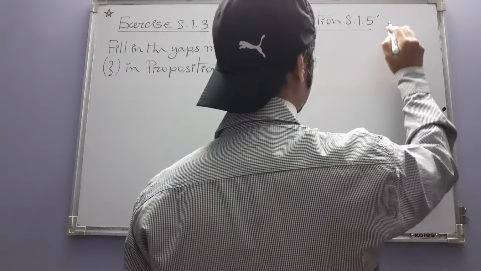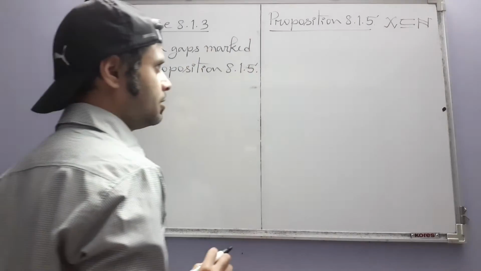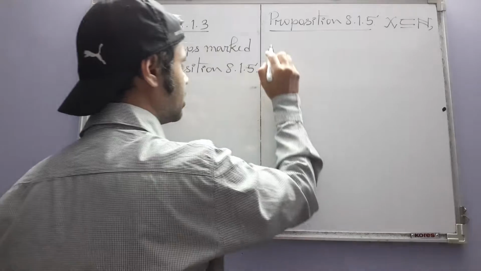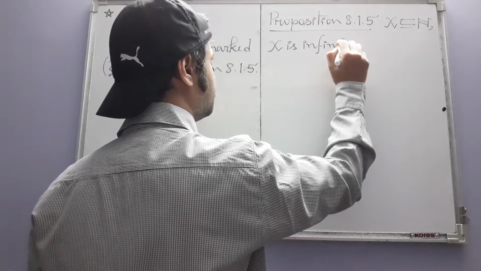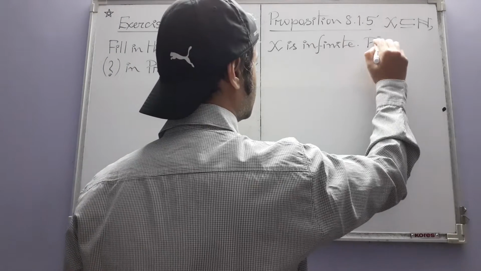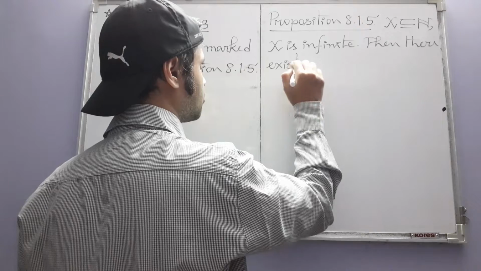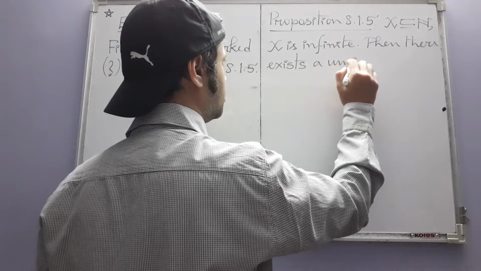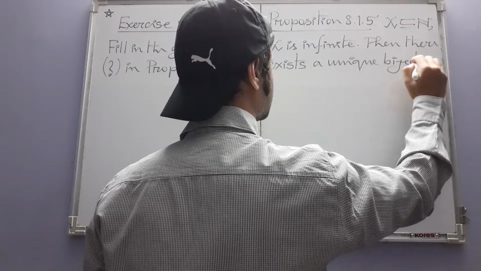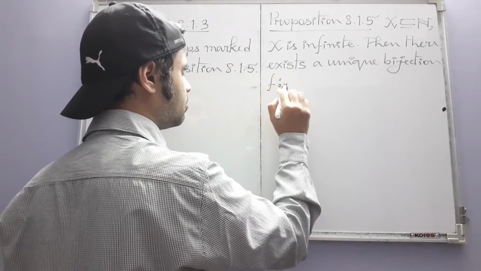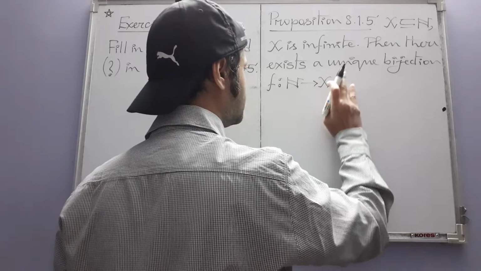So this proposition basically just said this: if X is a subset of the set of natural numbers and X is infinite, then there exists a unique bijection f from N onto X that is increasing.